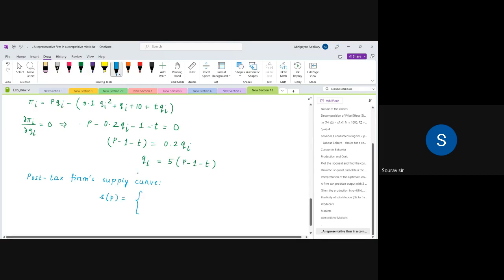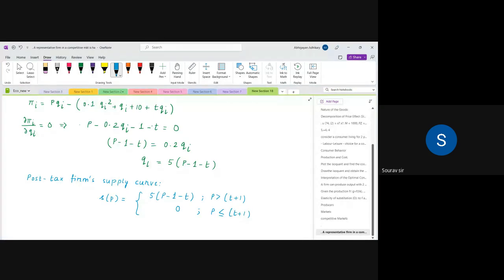This will be 5 times (P minus 1 minus T), but the supply will be only defined when P is greater than T plus 1. Correct? Only then will you get positive supply in the market.